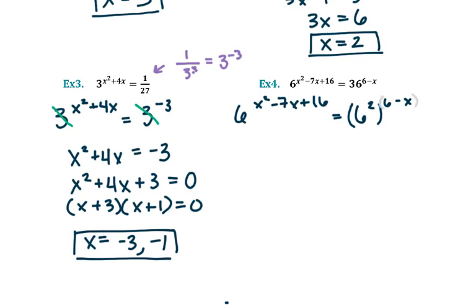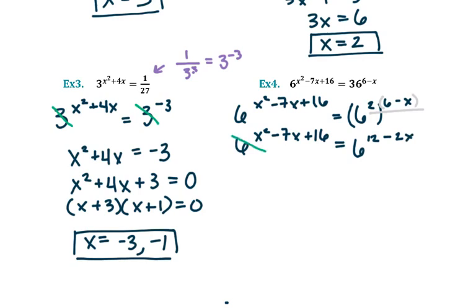We can't just drop the bases yet because we have a power to a power over here on the right side. And a power to a power you need to multiply. So there's some distribution in here. And I've got 6 to the x squared minus 7x plus 16 equals 6. This exponent on the right turns into 12 minus 2x.